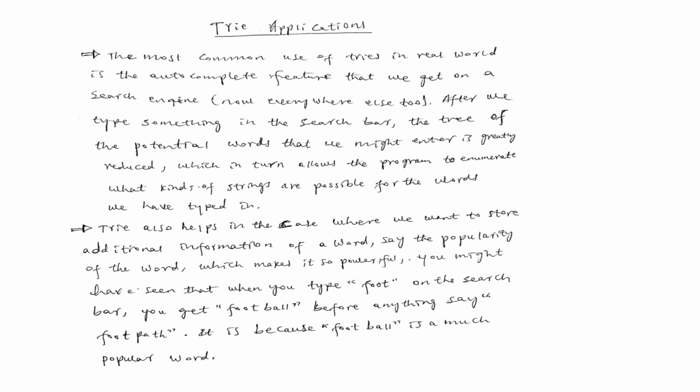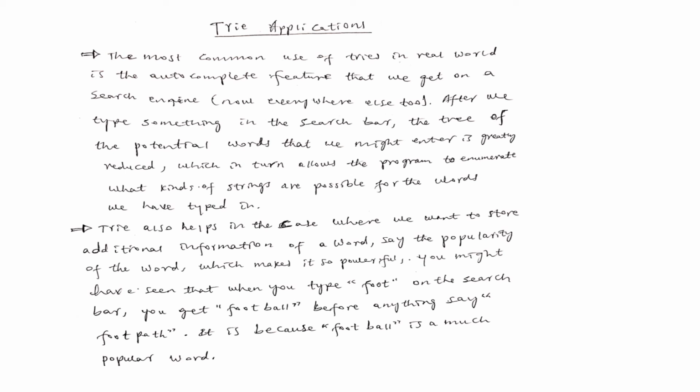This is the application of trees. A tree also helps in the case where we want to store additional information about a word, let's say the popularity of the word, which makes it so powerful. We might have seen that when we type food in the search bar, we get football, because football is a very well-known word.